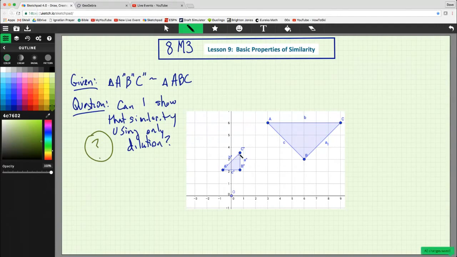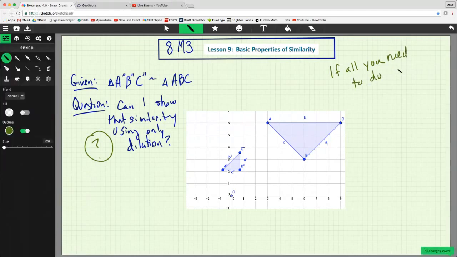And the answer is going to be interesting because you can't. If you want to dilate point A double prime into A, we're going to have to do a dilation. Remember, all you need to do to show similarity is use dilation, and sometimes you can.